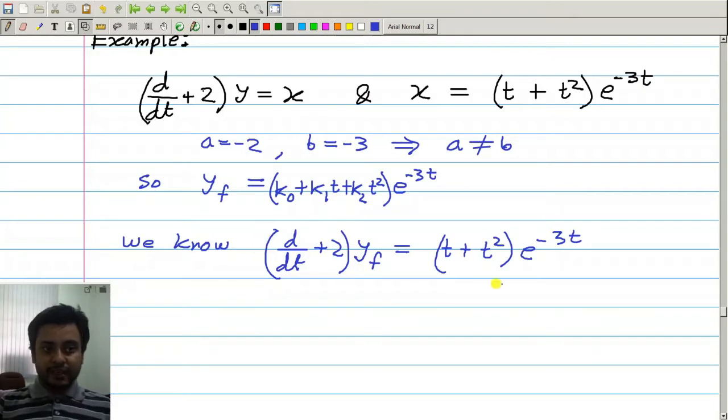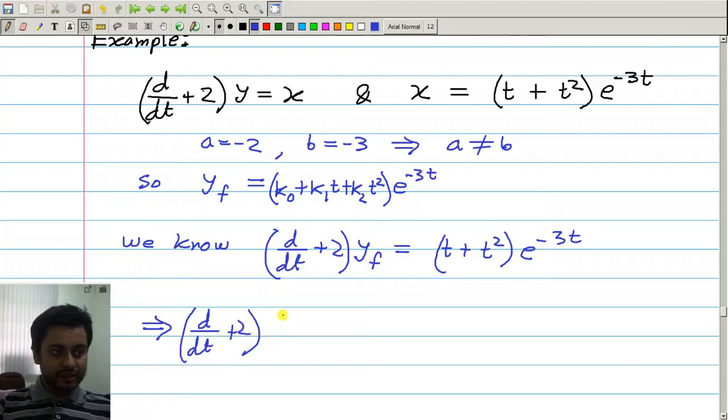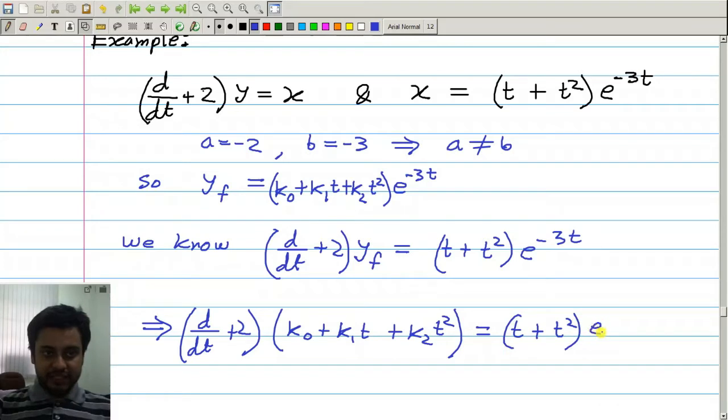So this is the key trick, main trick, to identify that yf operated by this operator will give input x, and then let me put the value of yf. Yf is k0 plus k1t plus k2t square, and the right side is as it is.